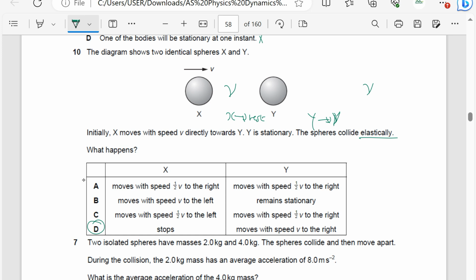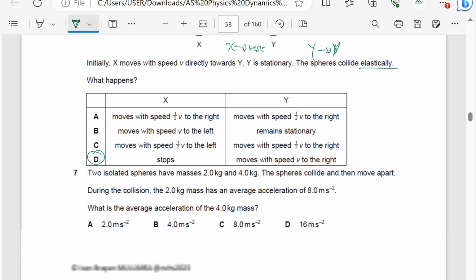So they just exchange the velocities because they have the same mass. You can also look at conservation of momentum first before you look at conservation of kinetic energy. So the answer is going to be D. Because they have the same mass, they just exchange their speeds. So x comes to rest as y moves with the speed v to the right.